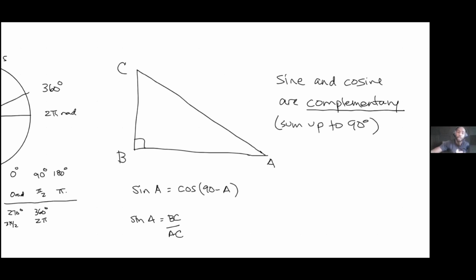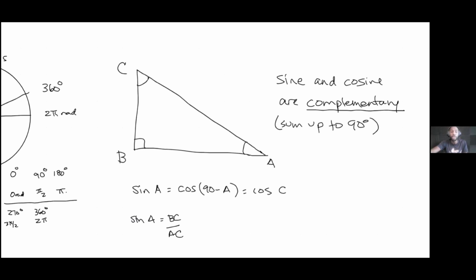Okay. So think about this. 90 minus A is basically cosine C, because this angle and this angle are going to add up to 90 degrees, because the sum of angle measures in the triangle is 180. So these should sum up to 90 degrees.